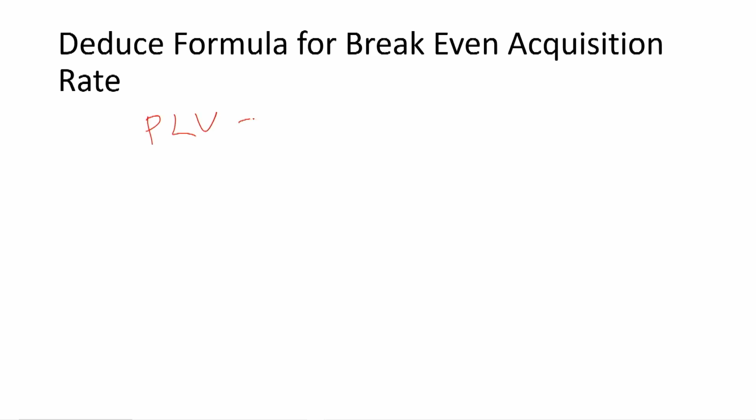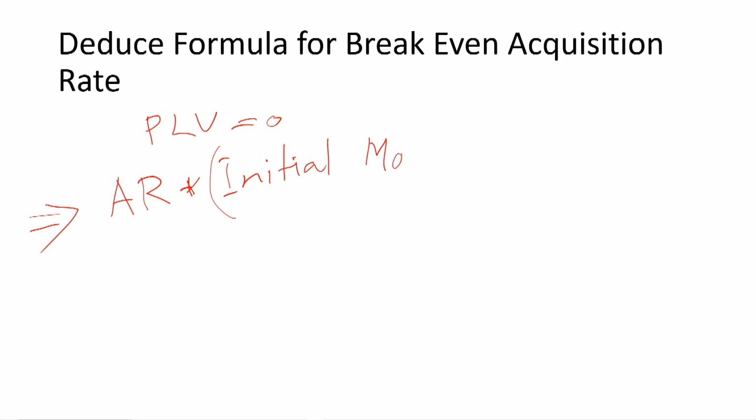So, we have to make the PLV equal to 0. Now, how are we defining the PLV? Prospect lifetime value is acquisition rate, I will put it as AR, multiplied by initial margin plus CLV, right, minus acquisition spending, I will put it as AS.